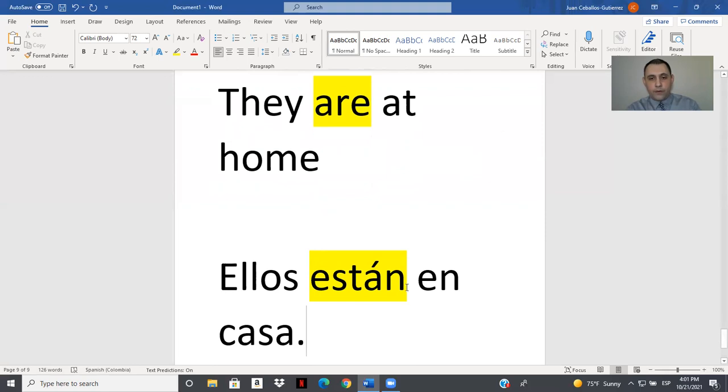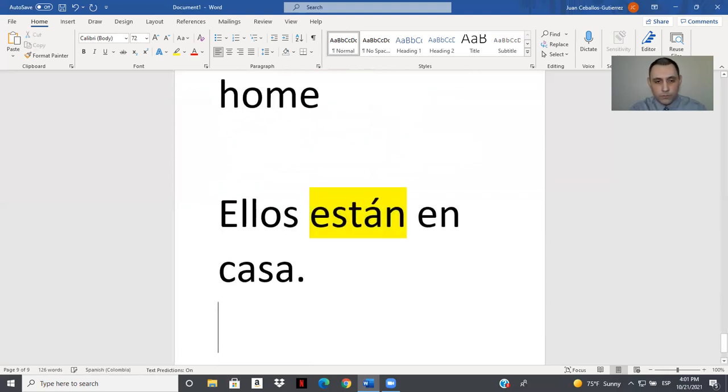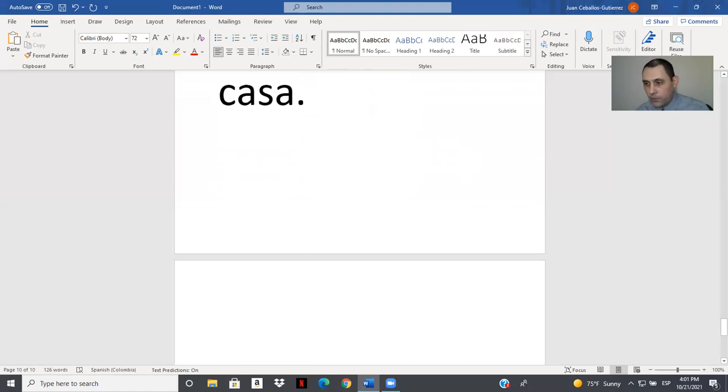Now, look at the verb. According to the rules, and for this I advise you to look at page 15 of the white book, look at how you conjugate the verb estar in Spanish.